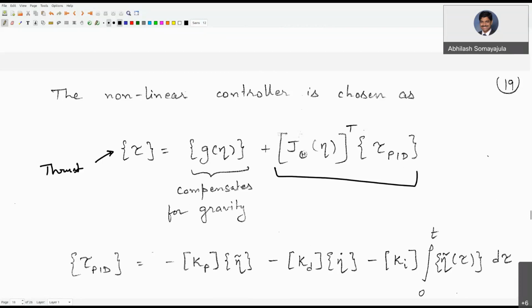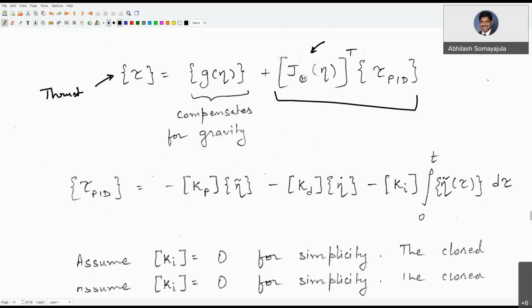And you'll see that the idea of doing this is so that it will help us prove Lyapunov stability for the system, which is why we are going ahead with this nonlinear control law. Notice that it is nonlinear on account of the fact that J contains trigonometric functions which are not linear in nature.